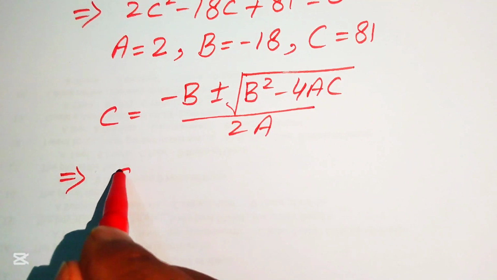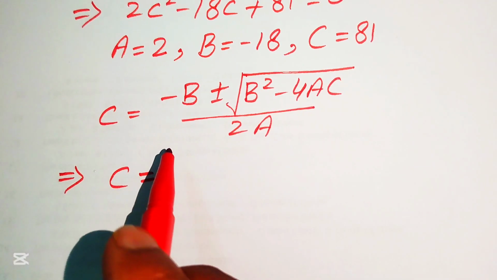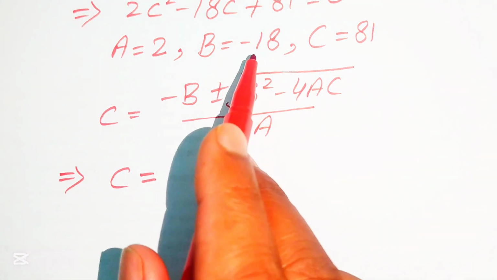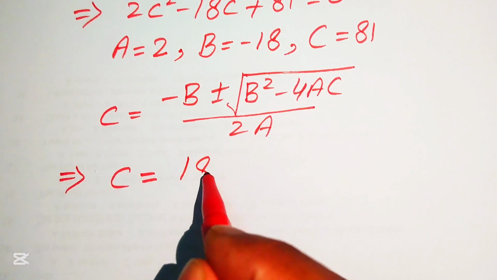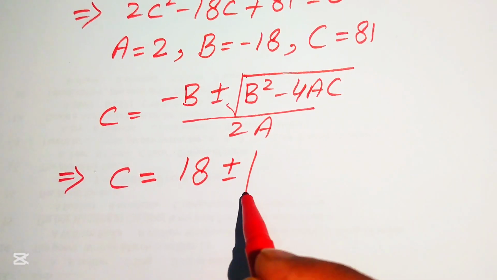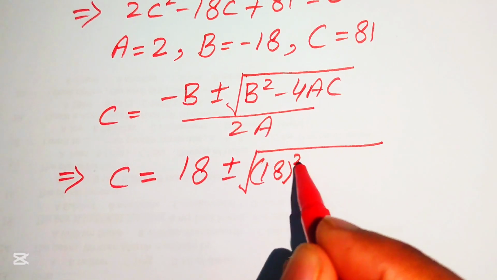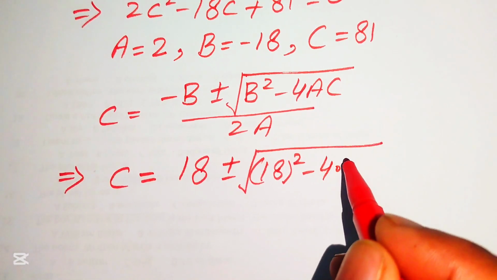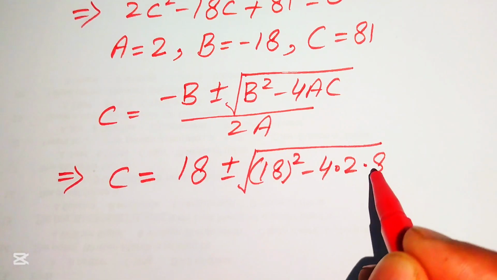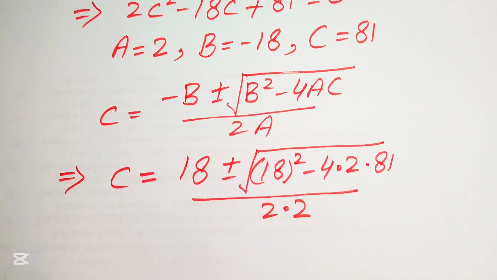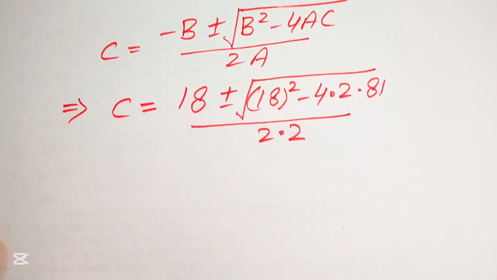And after substituting the values, it will be written as c equals to minus b. The value of b is minus 18, so this minus times of minus becomes plus 18, and plus minus square root of 18 square minus 4 times of a is 2 and c is 81, and it is divided by 2 times of a. So here our a equals to 2.